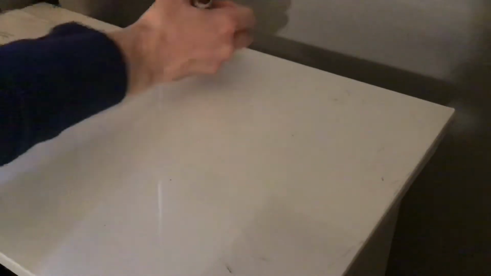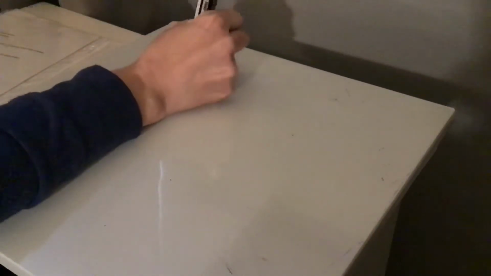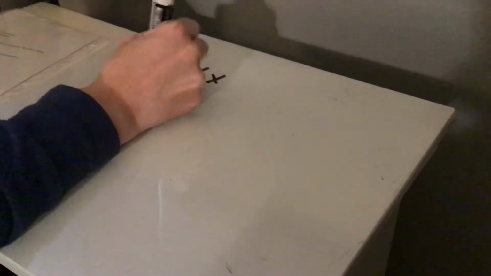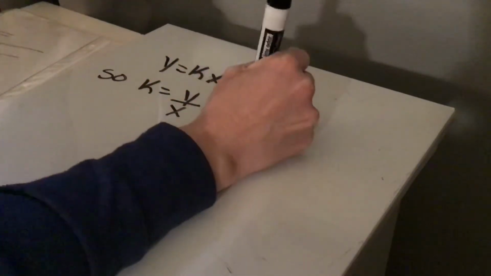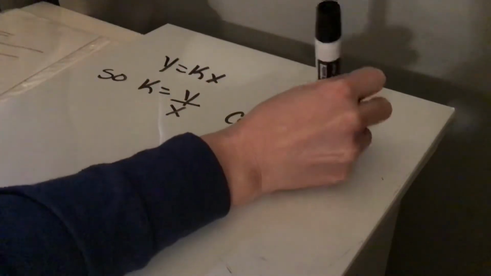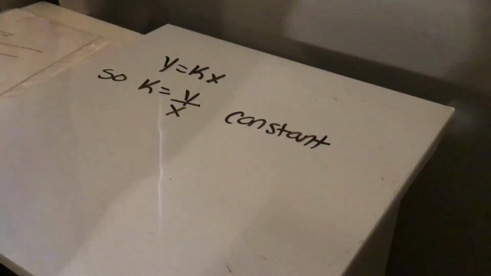So we can write two generalized equations for direct and inverse variation. Direct variation says y equals kx, so k will equal y divided by x, and this will be constant. That's for direct variation.